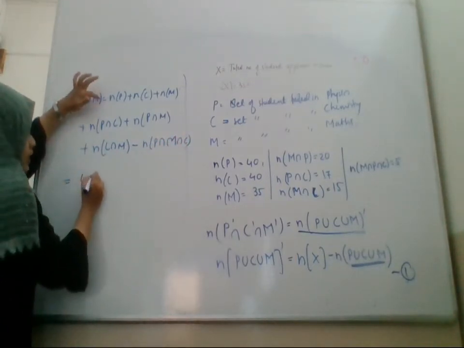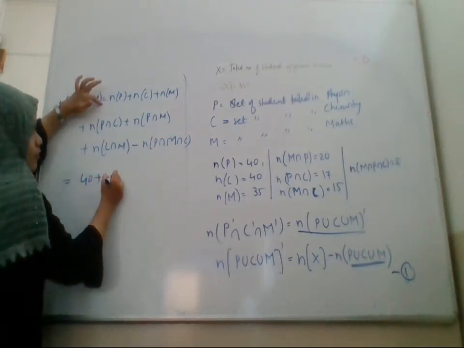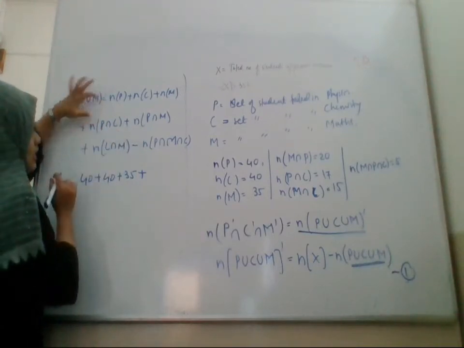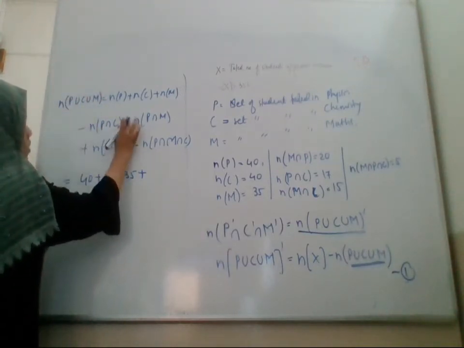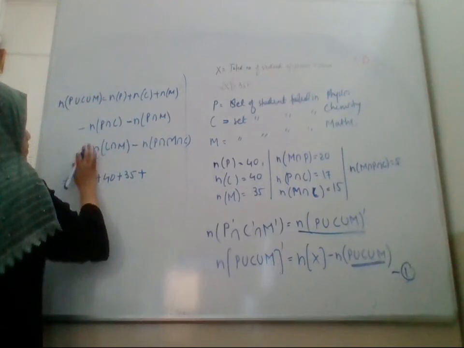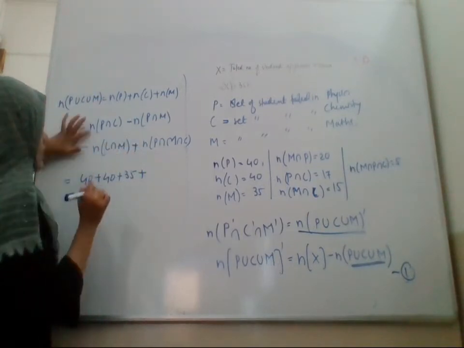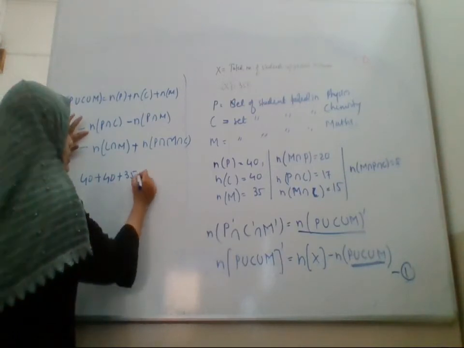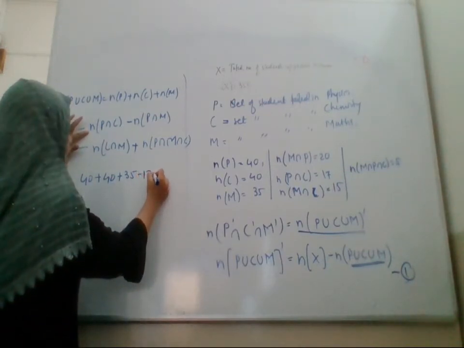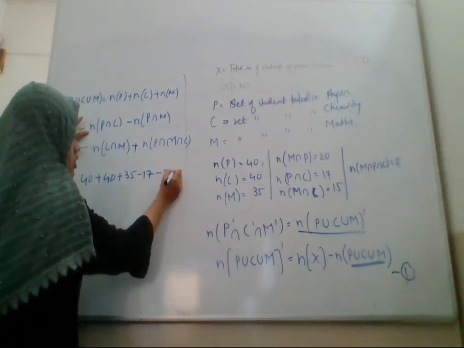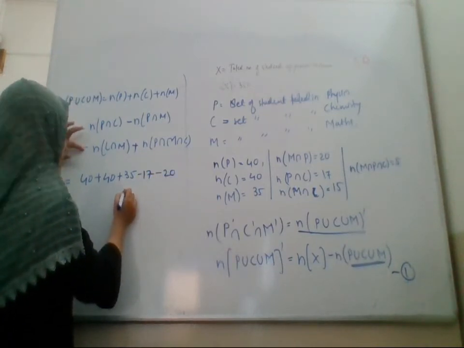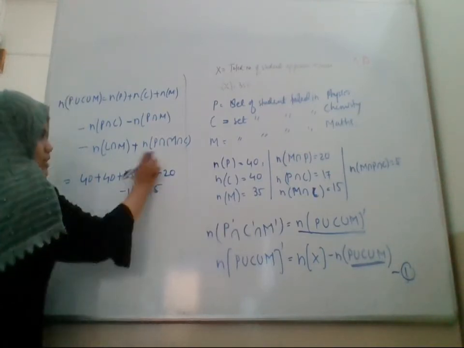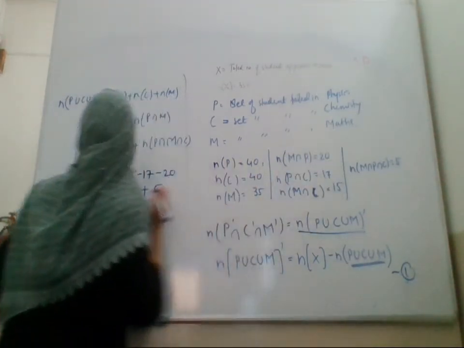It is 40. n of C कितना है? 40. n of M कितना है? 35. Then n of P intersection C कितना है? 17, with a minus. P intersection M is minus 20, and C intersection M is minus 15. Plus n of P intersection M intersection C, तीनों का कॉमन कितना है? It is equal to 5.